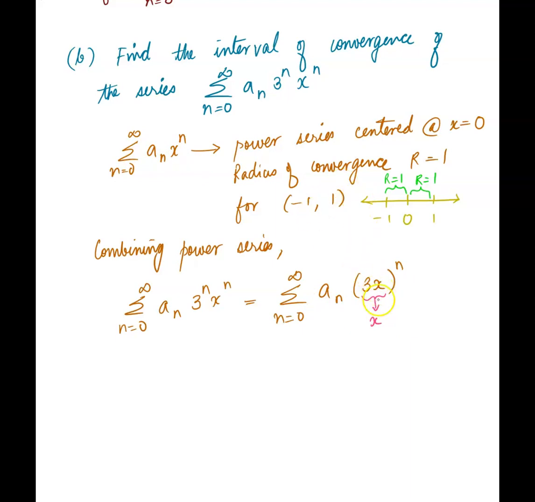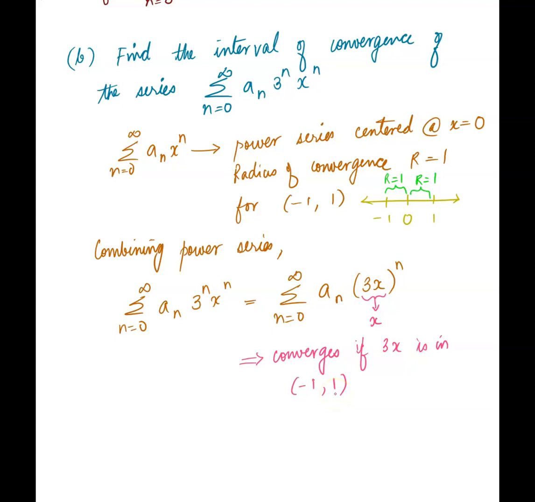And we said this is true for all x that lies between -1 and 1, if it was a n x^n. In our case, we now have in the place of x, 3x. So this implies that the series converges if 3x is in the -1 to 1 interval.